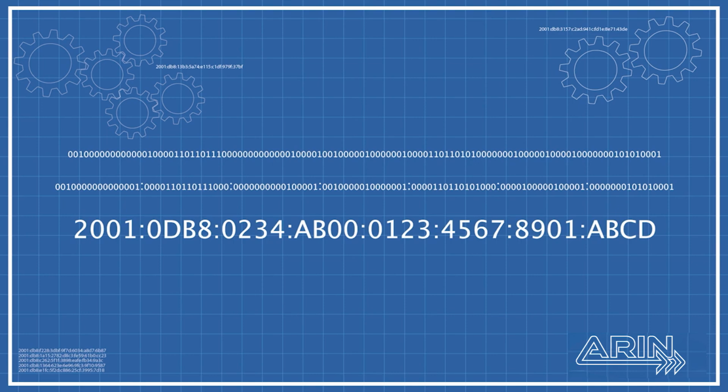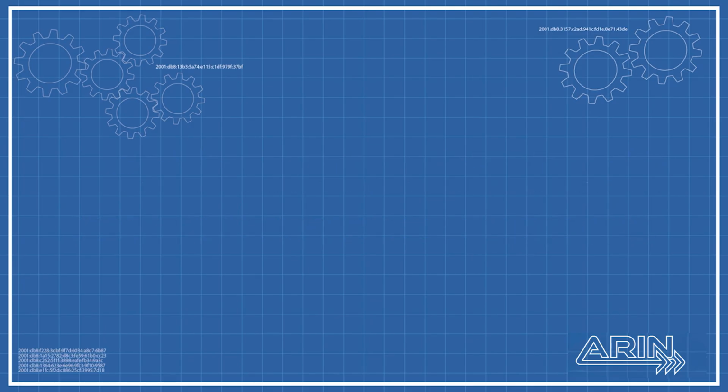With IPv6, you can build an addressing plan that allows you to actually see where an IP address is coming from just by looking at it. Let's build a quick sample address to understand. This first section shows where your block came from. This one is from ARIN. This next group designates a region or site location. In this example, 0 indicates a specific region, and 234 designates a site within that region.